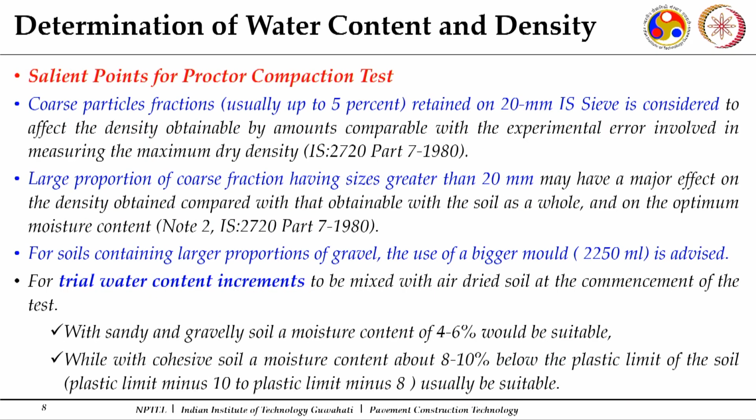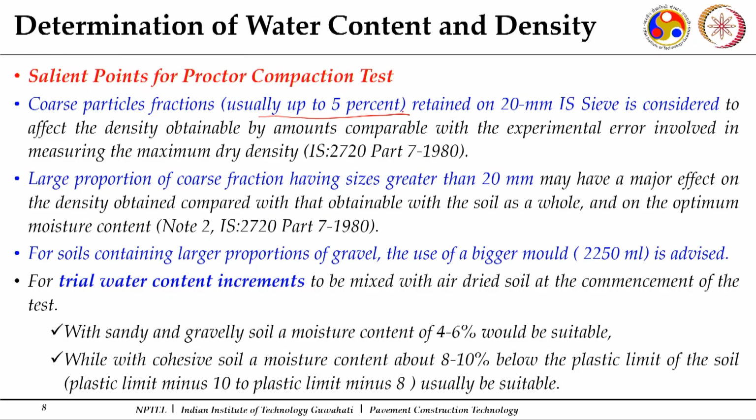Now, in addition, under this test, there are a few important observations to be taken care of. As I mentioned, your soil may have some coarser particle sizes. That you check by using a 19 mm or a 20 mm IS sieve. Now, if the coarser particles are up to around 5%, meaning around 5% of particles are larger than this, this can be worked out.